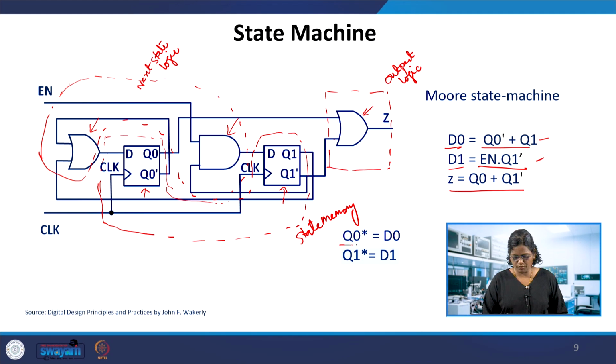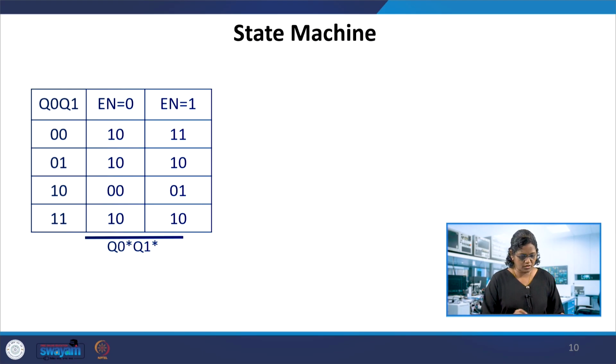Q0 star equals D0 and Q1 star equals D1. Substituting them over here, we get Q0 star and Q1 star and make the state transition table. So the state transition table is obtained.